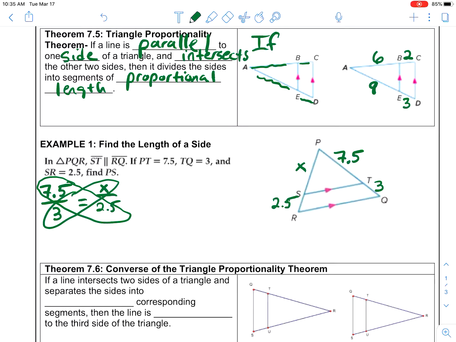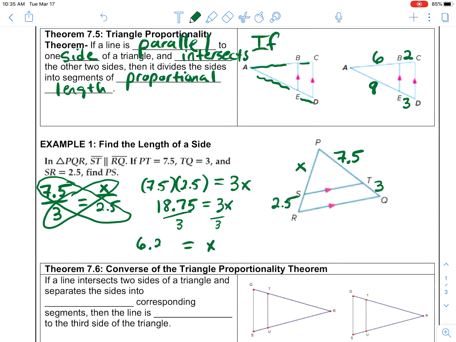So we're going to do that here. And so we have 7.5 times 2.5 is equal to 3 times x. If you break out the calculator, 7.5 times 2.5 will be 18.75. It's equal to 3x. And then dividing by 3, we get x is equal to 6.25.